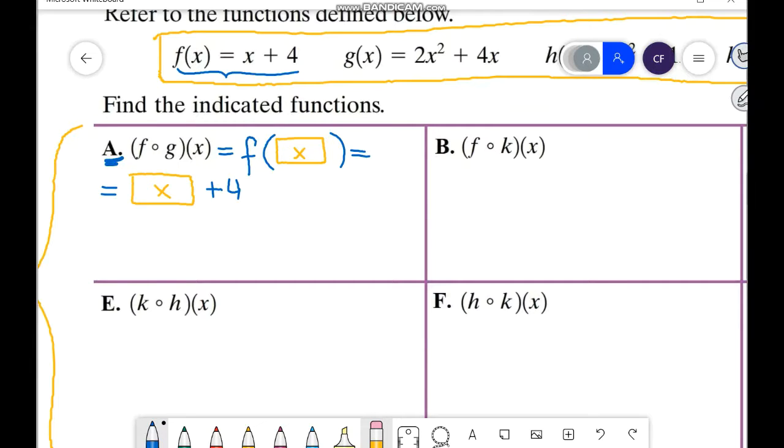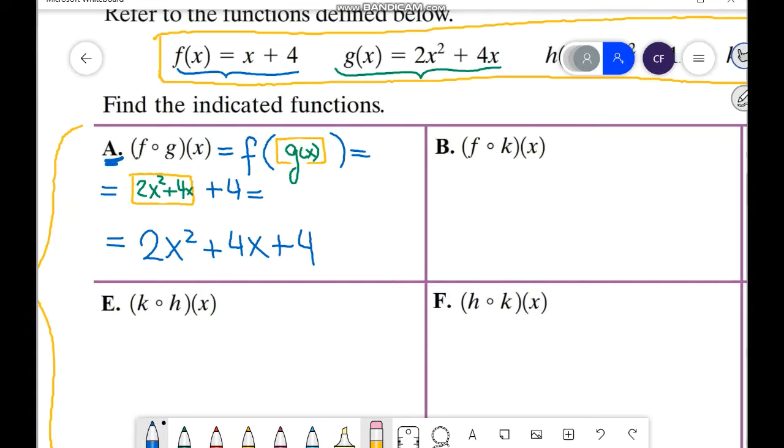But we don't want f of x. We want f of g of x. And g of x is 2x squared plus 4x. Okay? That means this is equal to 2x squared plus 4x plus 4. When you compose f with g, this is the result.